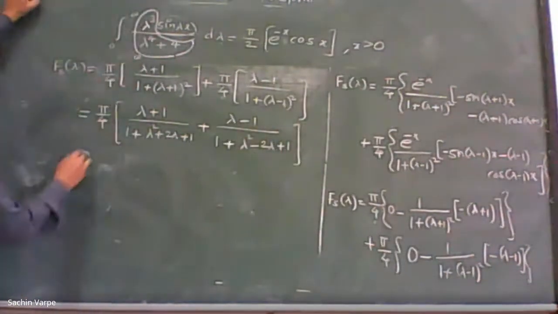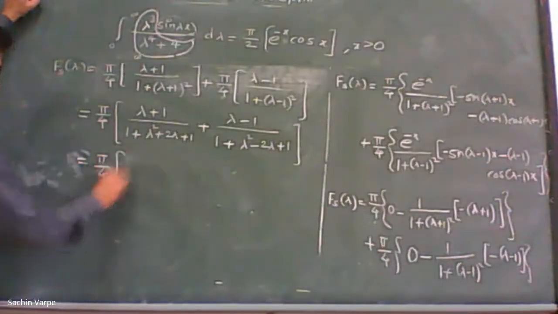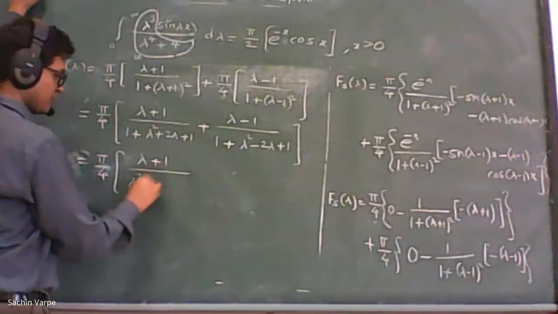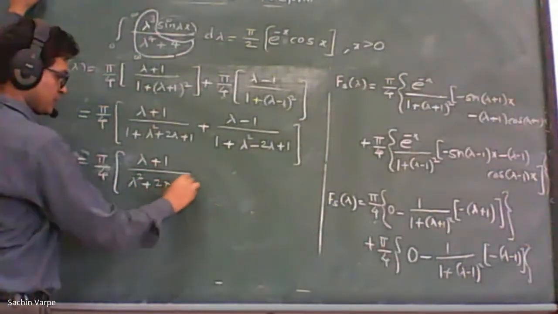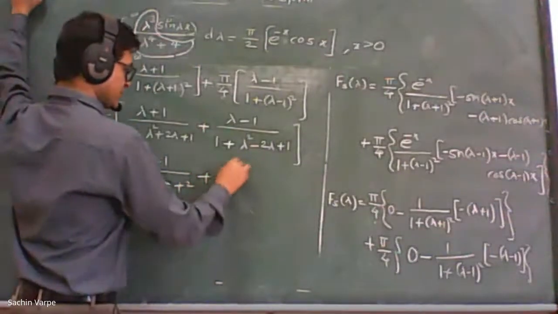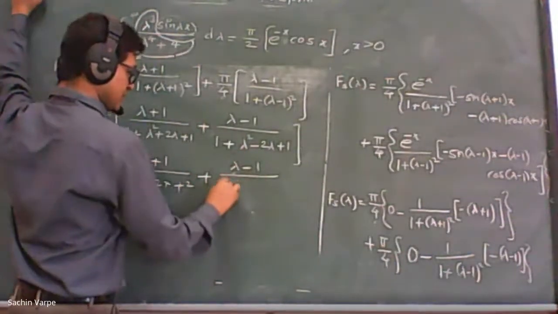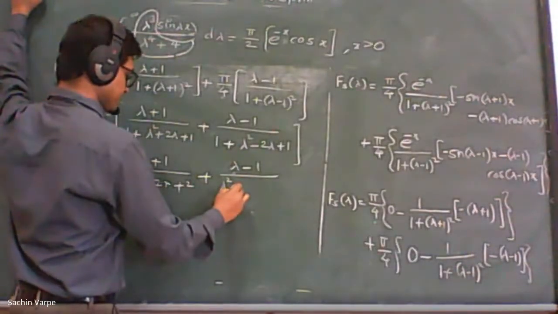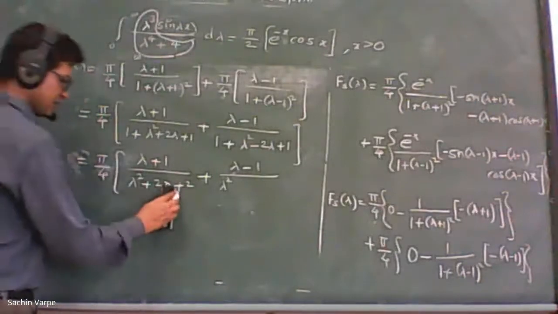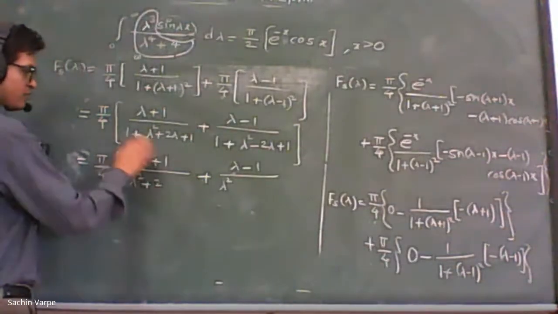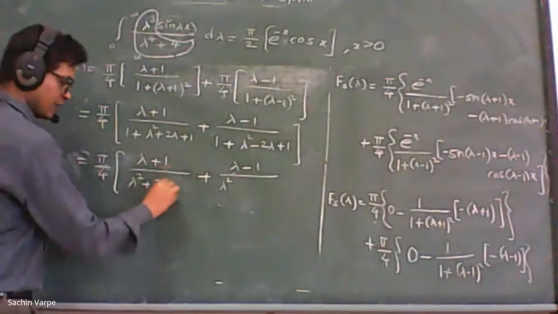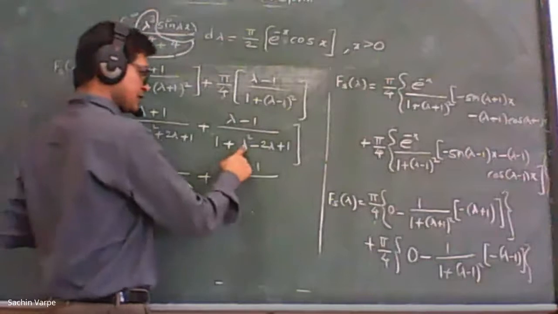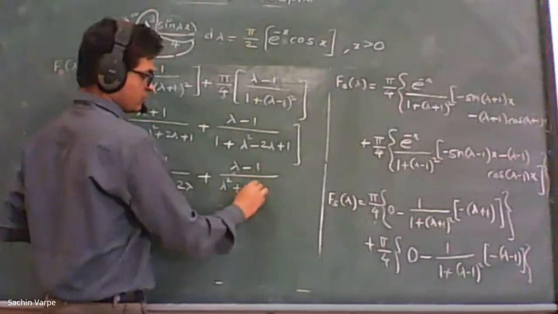Please check. So that is pi by 4 into lambda plus 1 upon, here it will be lambda square plus 2 plus 2 lambda, and plus lambda minus 1 upon lambda square plus 2 minus 2 lambda.